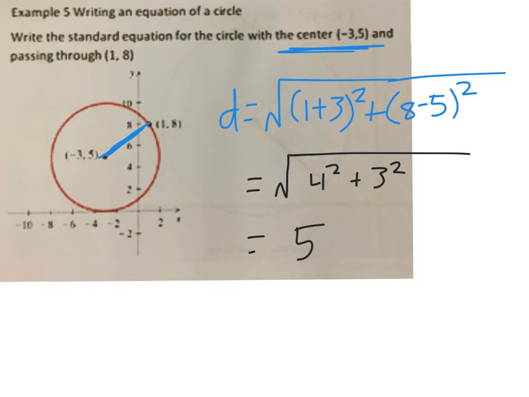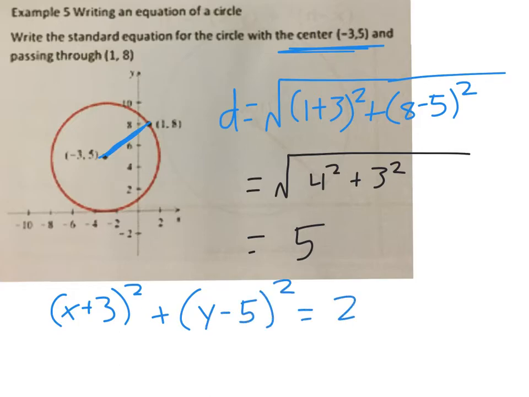So now I know the radius is 5. I know the center is at (-3, 5). So let's put that in the equation of a circle. So it's x minus h. So minus negative 3 is going to be plus 3, squared, plus y minus k squared equals r squared.